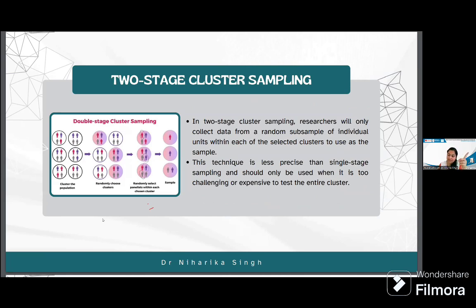First, we are dividing it into clusters. Then within the cluster, we are taking some part of the sample. So this becomes less representative than the single stage cluster sample, but it also becomes less expensive than the single stage cluster sampling. It also becomes less time-taking than the single stage cluster sampling.